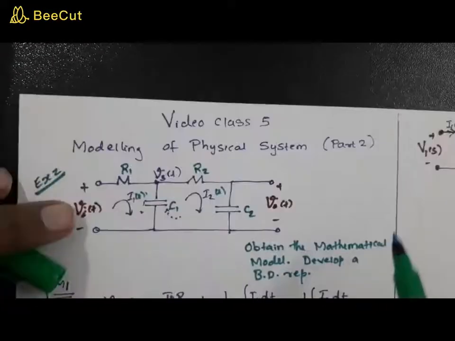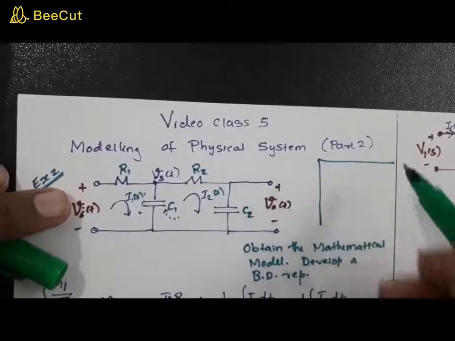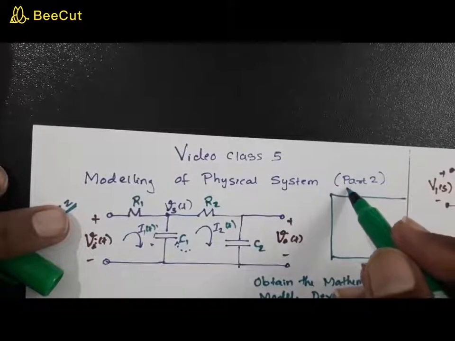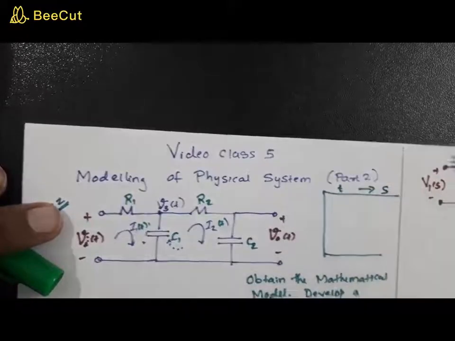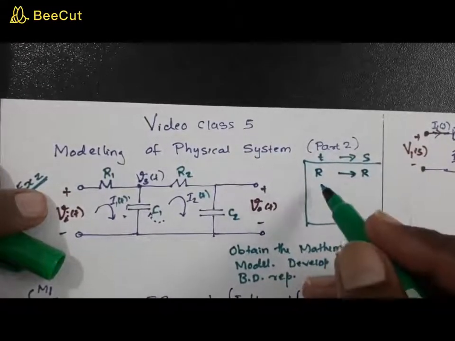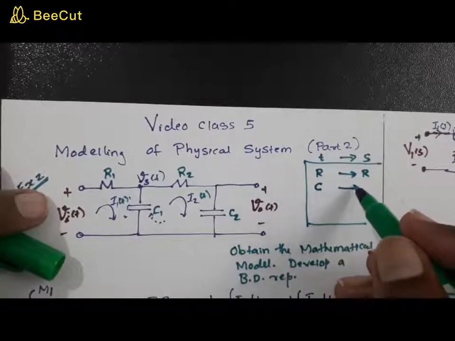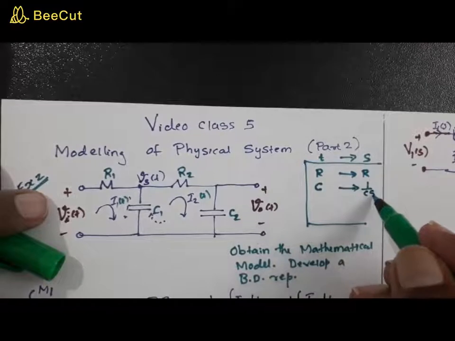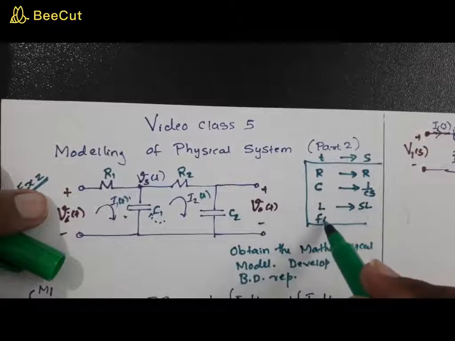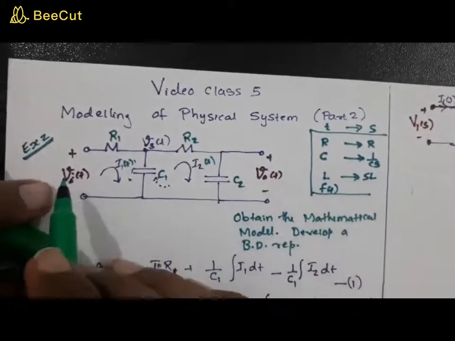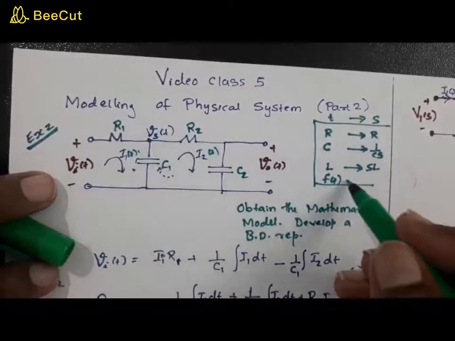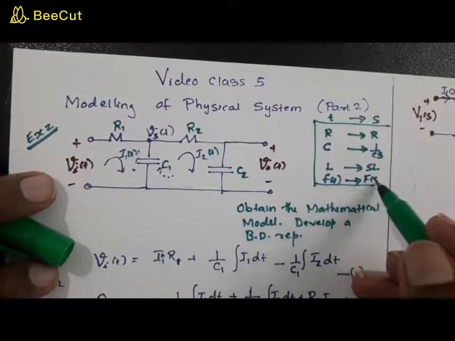You must have noticed the key point: when you convert T domain to S domain, R remains as such in the S domain, while capacitance will be represented by 1 by Cs, while the inductance will be s into L, and all the functions f of t, it can be Vi of t, or I1 of t, I2 of t, or V0 of t, or V3 of t, whatever it is, will be represented by capital F of s.